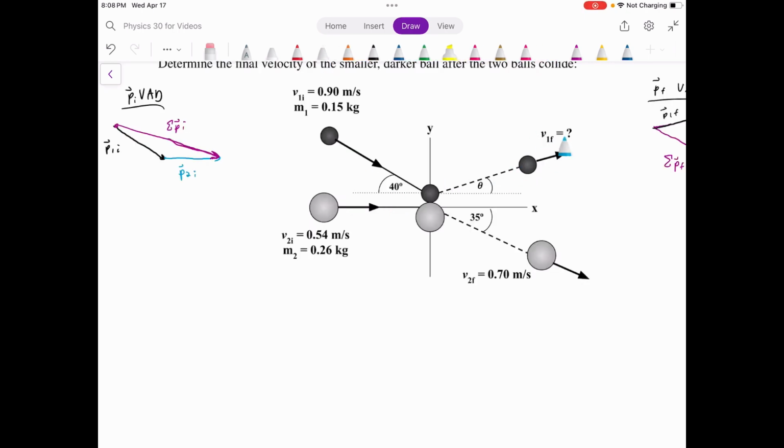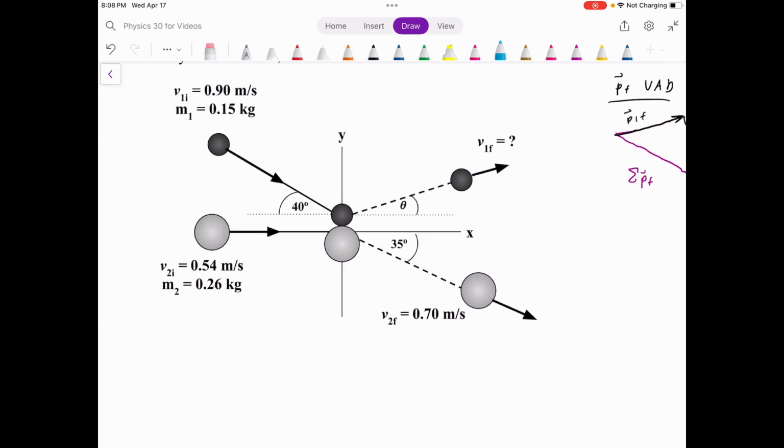Now what we want to find is this ball's final velocity, right? And that ball's final velocity is off at some angle theta. So we can see that the ball's final velocity has some x component, V1 final x, and it also has some y component, V1 final y.